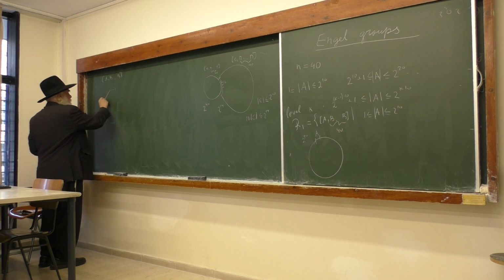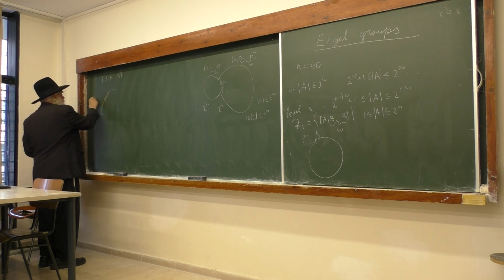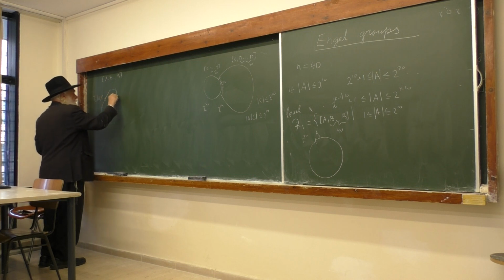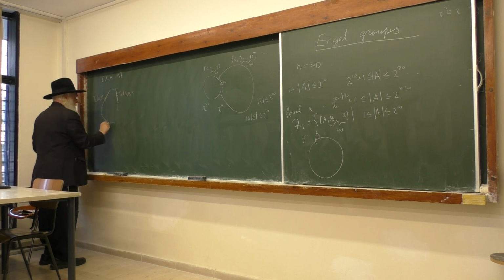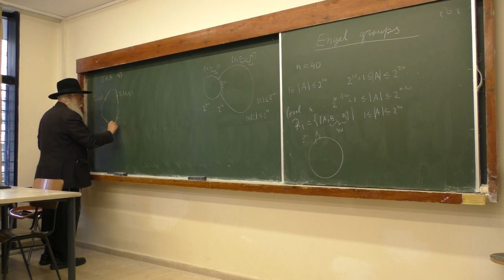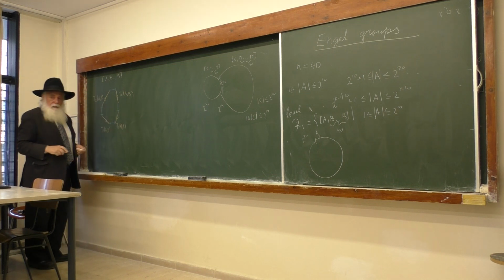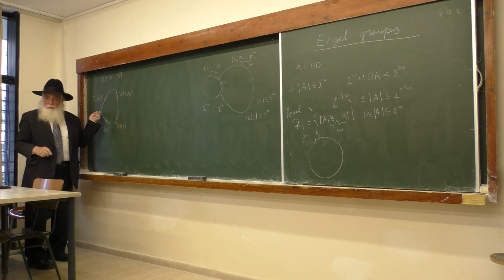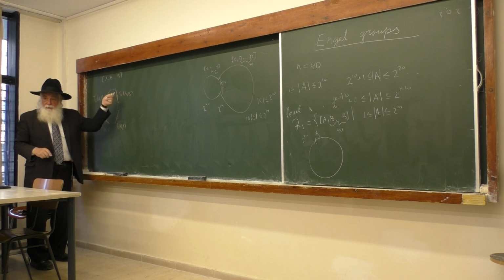This was some word we call the T2 of AB. This was the word T2 of AB, T2 of AB and T2 of AB. This is just the cyclic word corresponding to the relation.